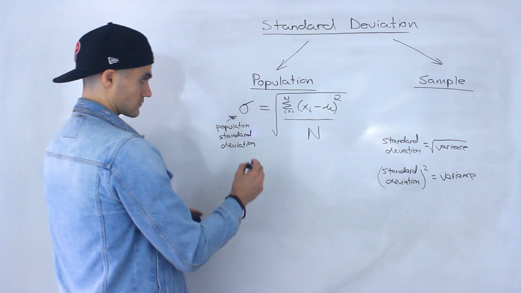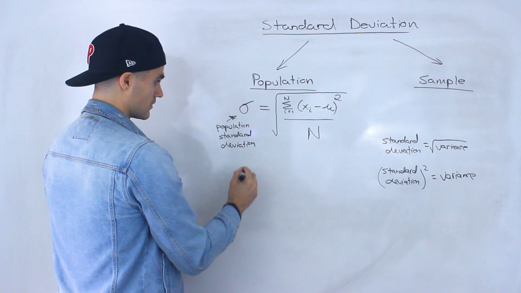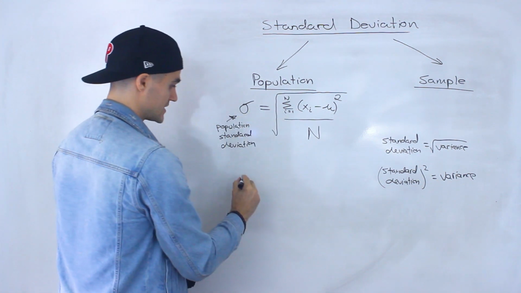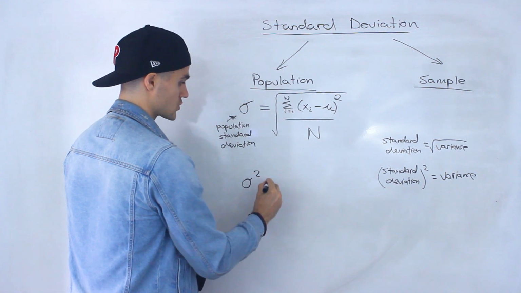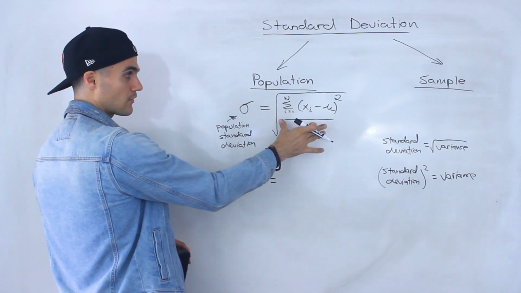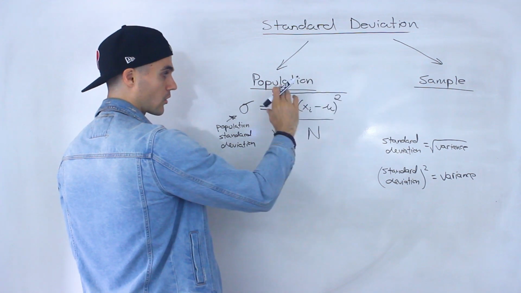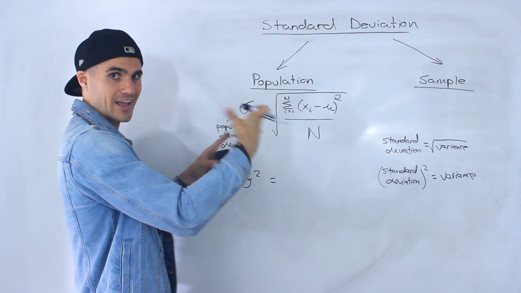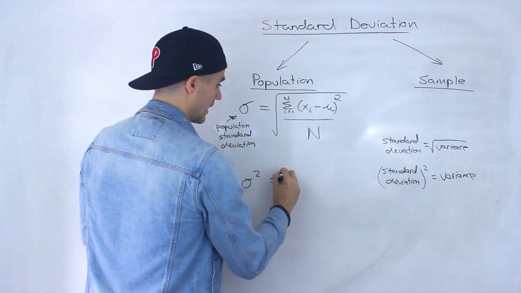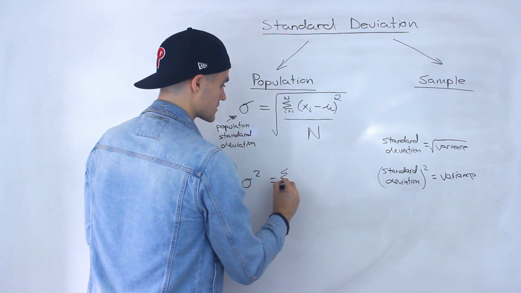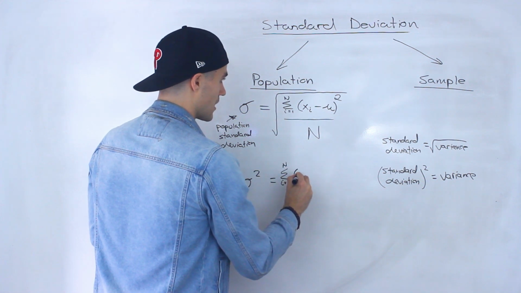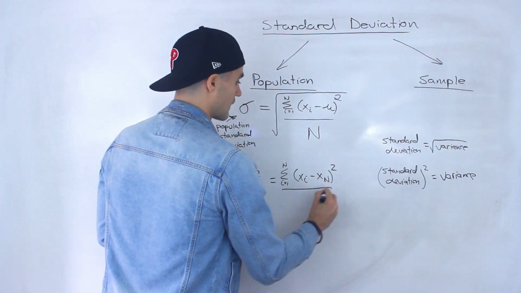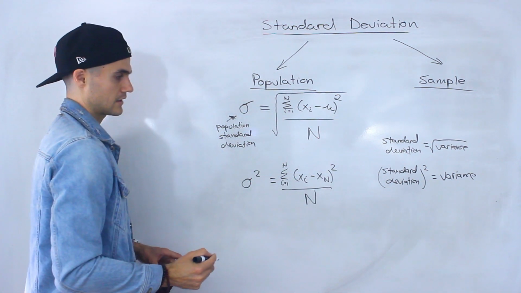And if you look at this formula here, this is the population standard deviation. Well, if we take that sigma and square it, what we do to one side, we've got to do to the other. So if we square this whole expression, then the square and the square root are going to cancel out, and we would just be left with what's under the square root. So it's going to be the sum of those squared deviations divided by n, like that.